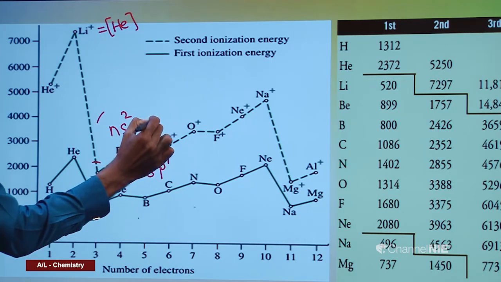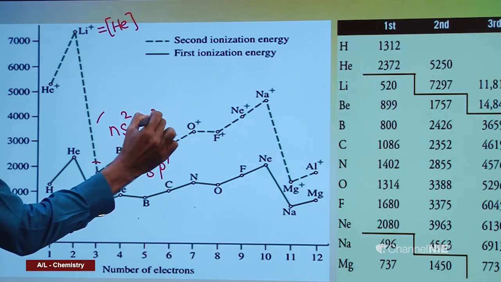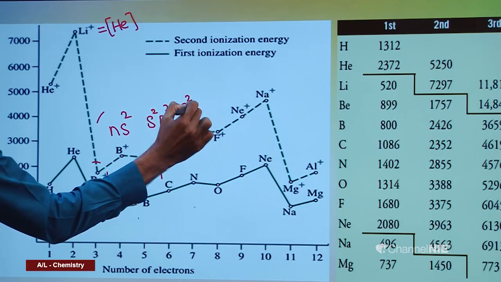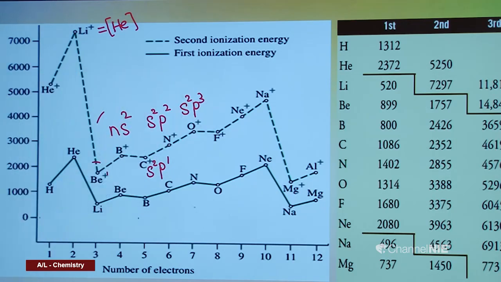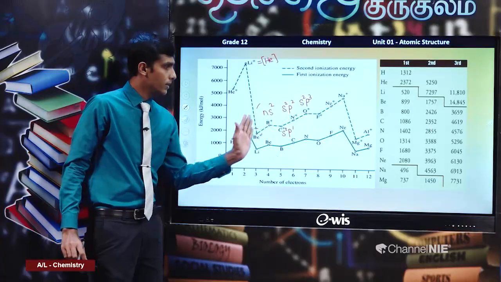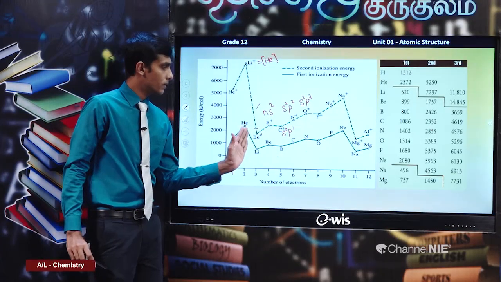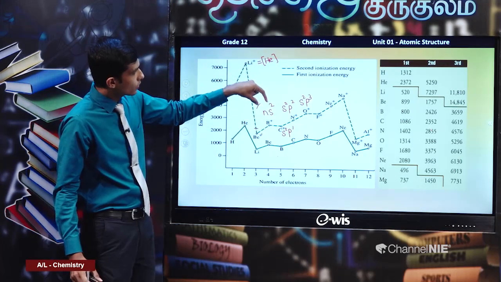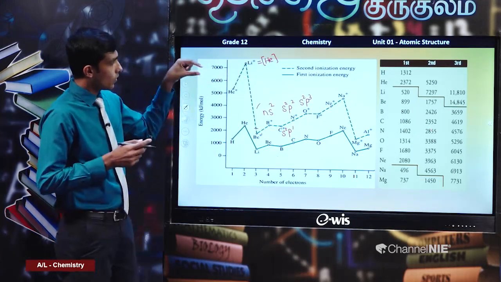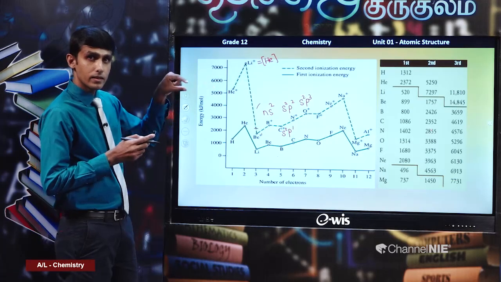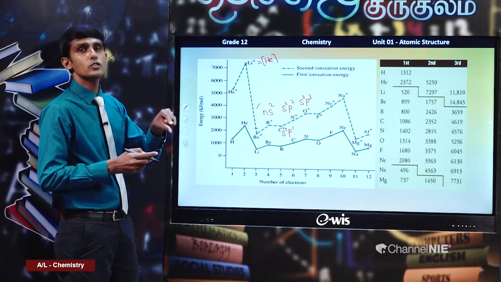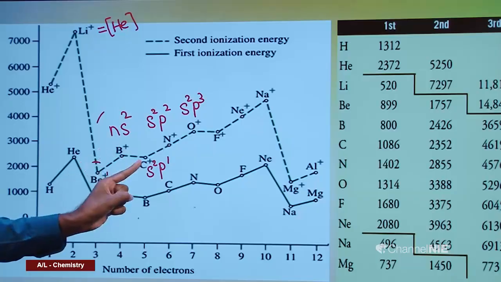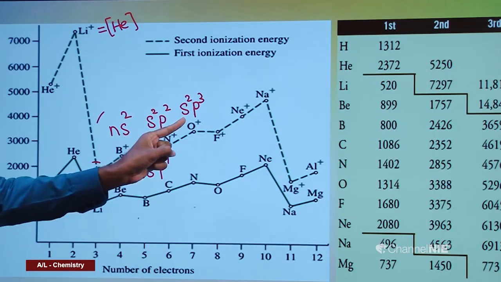Nitrogen, when you remove the second electron, S2 P2 configuration. Oxygen, S2 P3 configuration. Now, that same pattern gets repeated, but you have to consider the electron configuration of that ion when that electron is removed. So, S2, S2 P1, S2 P2, S2 P3.